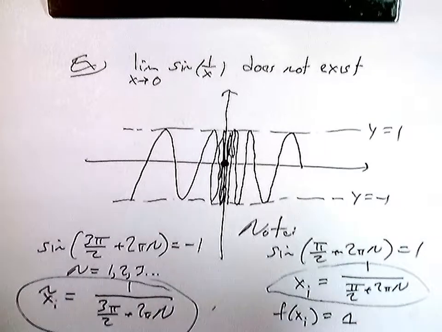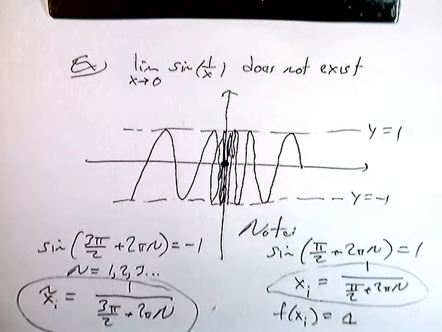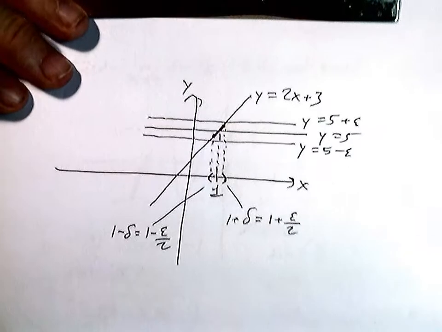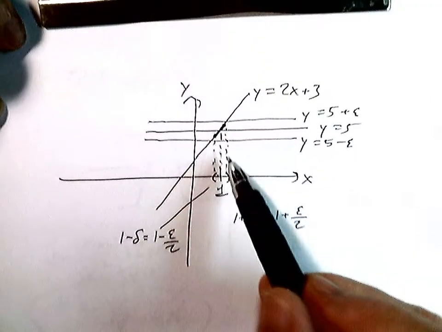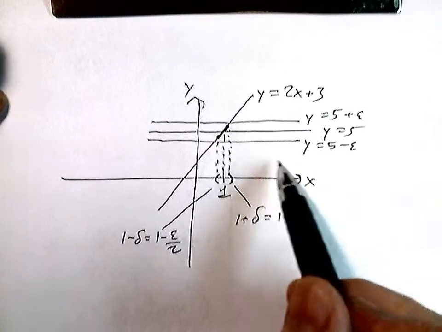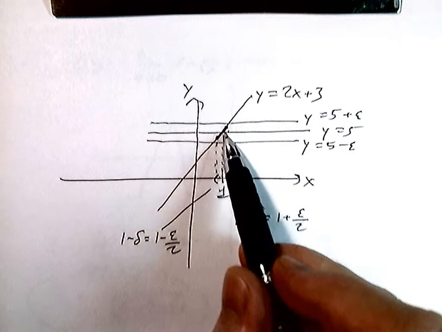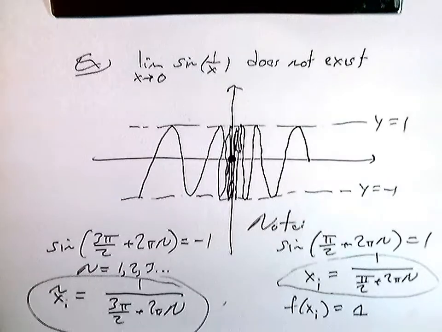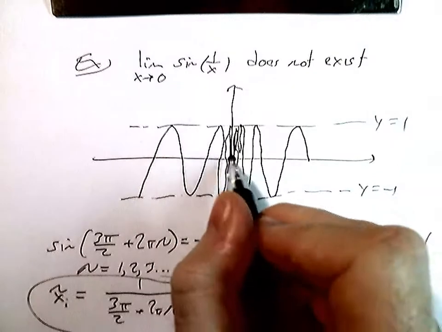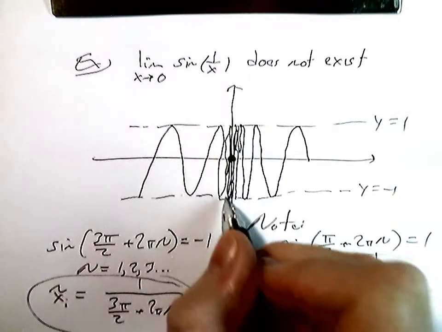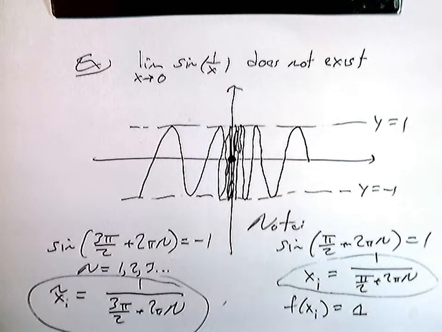So there's no chance of this coming to some limit. If you look at the previous example that we had, as we get closer and closer to 1, our y values got closer and closer to 5, a single number. But in this example, no matter how close I am to 0, there are some points up here and some points down there. So we can show that the limit there just does not exist.